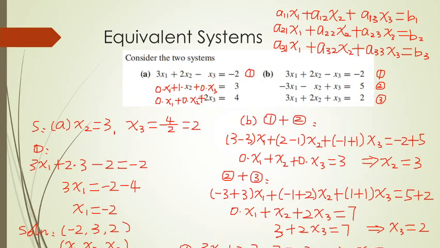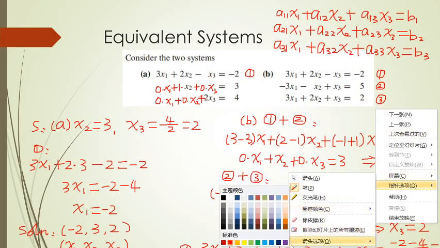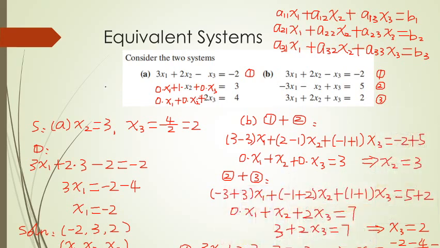My x1 will be minus 2 minus 4 over 3, which is minus 2. So what is the solution for part B? We still write x1, x2, x3. The solution for this one is also minus 2, 3, 2.